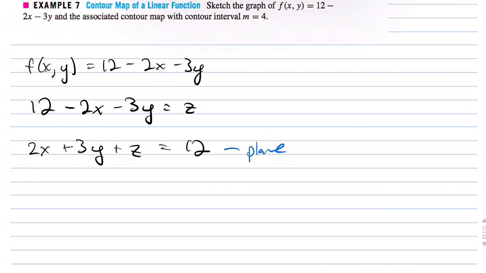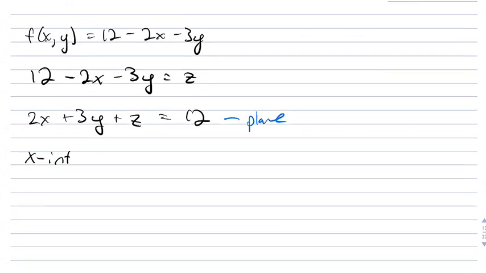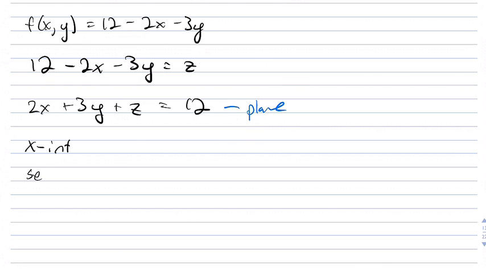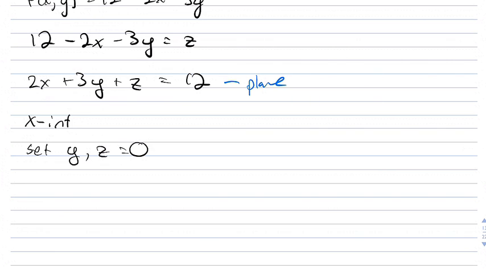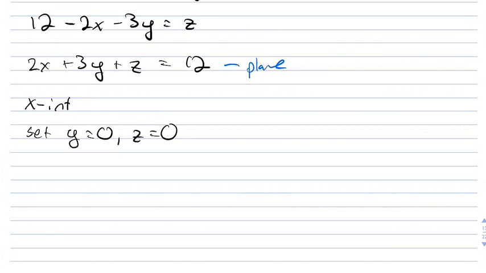So we set y to 0 and z to 0. When both of those are 0, we get 2x = 12, so the x-intercept should be 6.